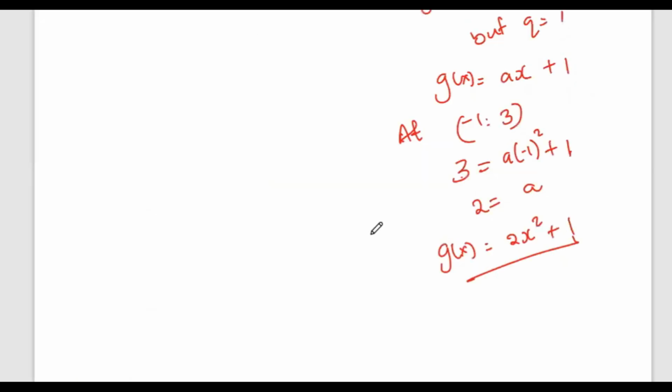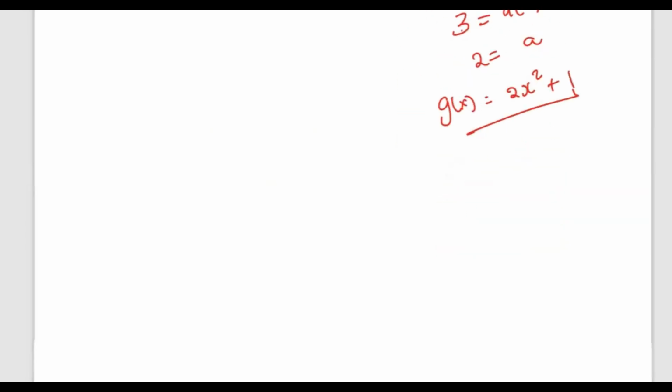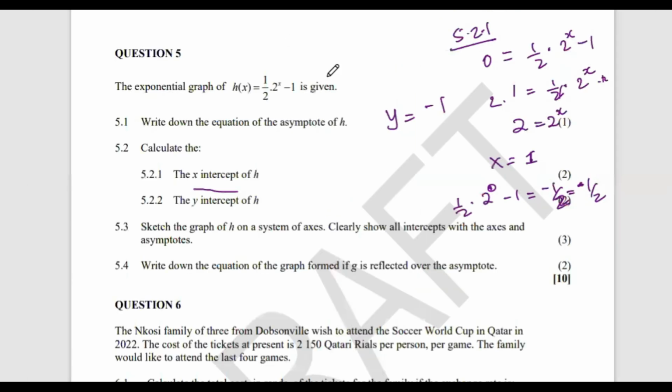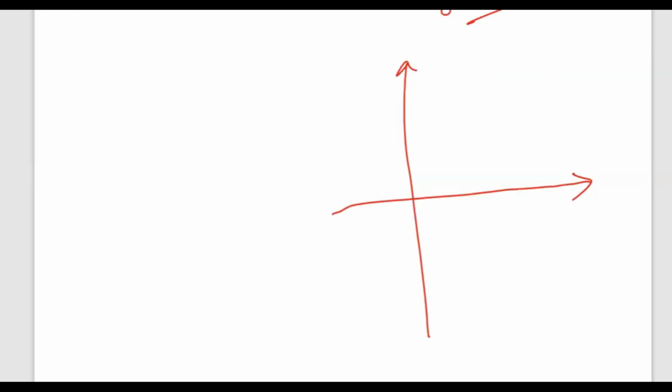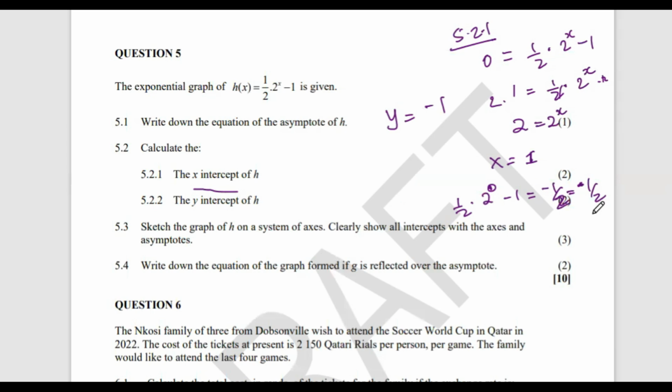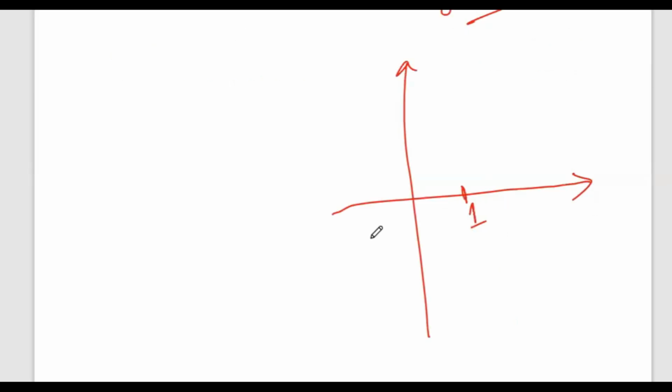So let me just try to sketch it aside and see. So we have something like that. You can still use your table method, but it will take some bit of time. Okay, so we said x is a 1, that is the x-intercept. And then y is going to be negative a half.